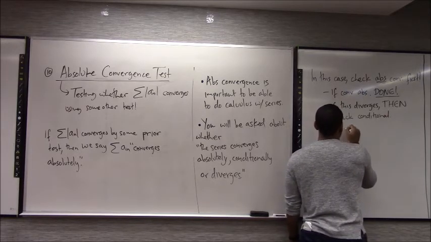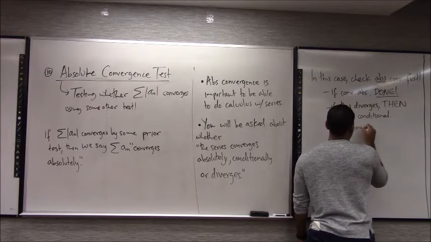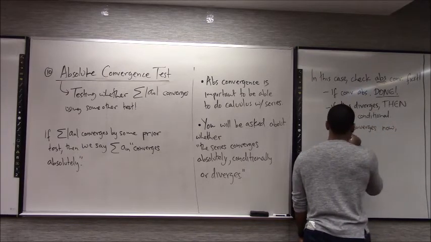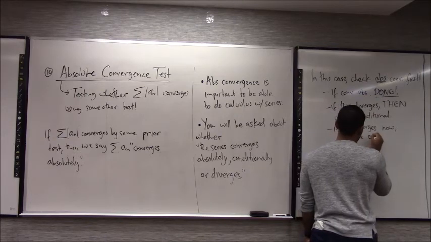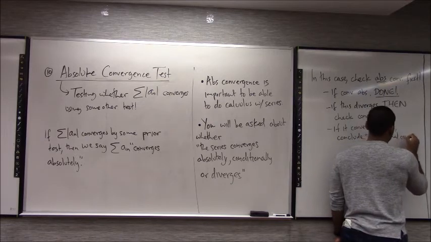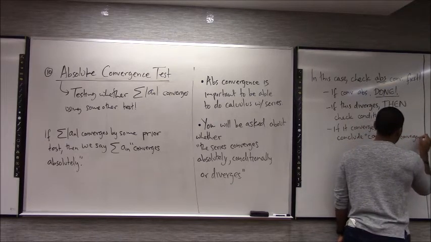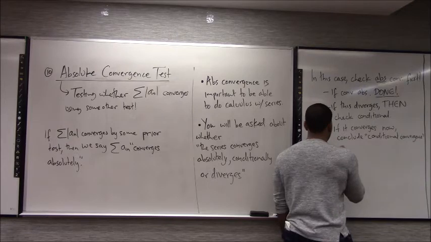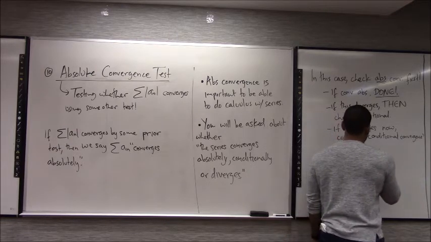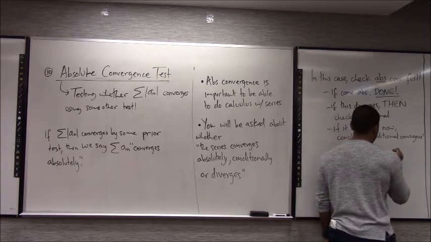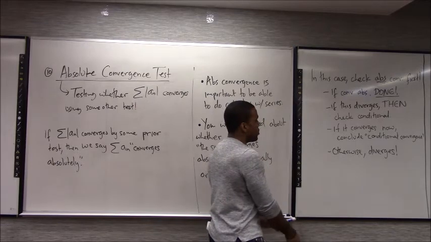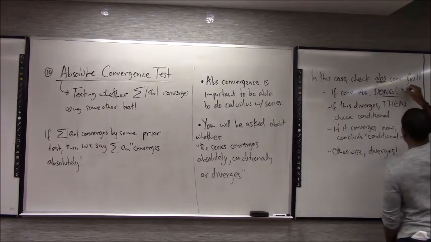If it converges now, conditional convergence. Otherwise, now it diverges. So you check absolute convergence. If you get that, you're done. You pretty much say, oh, it converges absolutely.